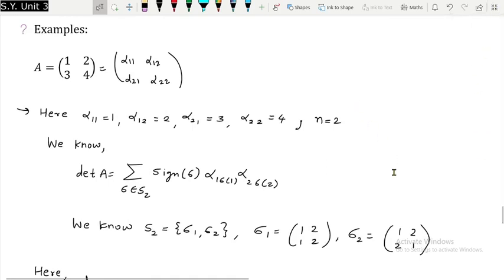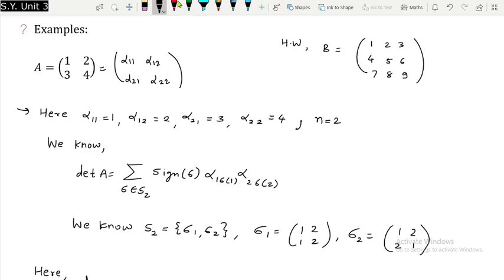I will give one example for homework, simply try it. A simple matrix B, but a 3 by 3 matrix, 1 2 3, 4 5 6 and 7 8 9. But the thing is, over here you will need signatures of 6 permutations, because now your summation is going to contain 6 terms, and this product is going to contain 3 terms.